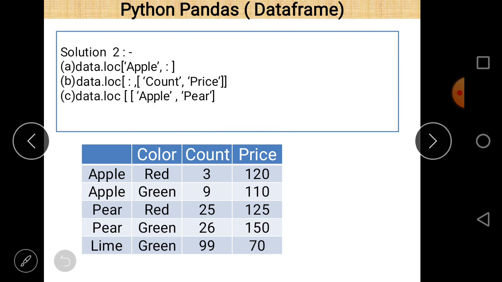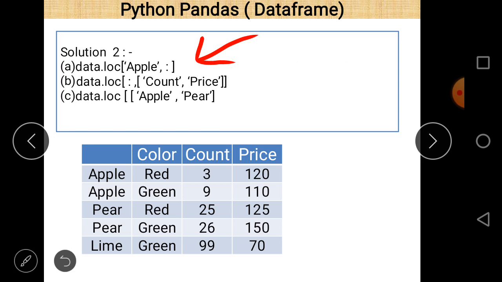So what is the answer? Since all rows should be selected, that's why we put a colon sign here. Putting a colon sign in place of rows means that all rows should be selected, and after that, since there are two columns and their names are count and price, these two column names are given in a bracket, count and price.